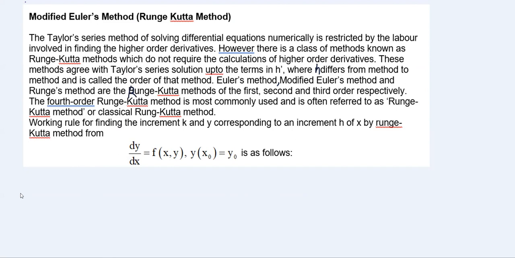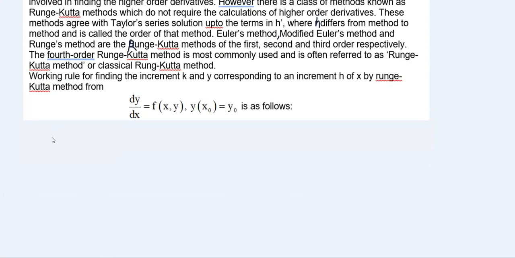Okay, there is a missing link here for Runge-Kutta. So I will write here a note.